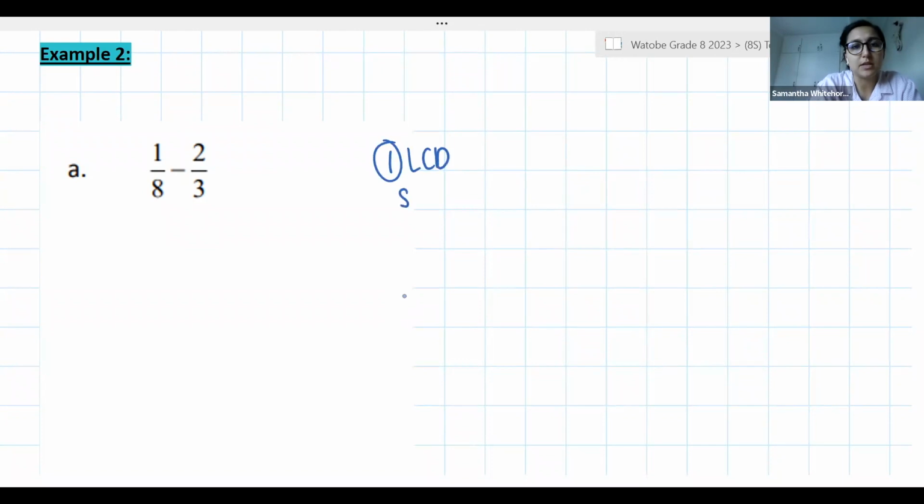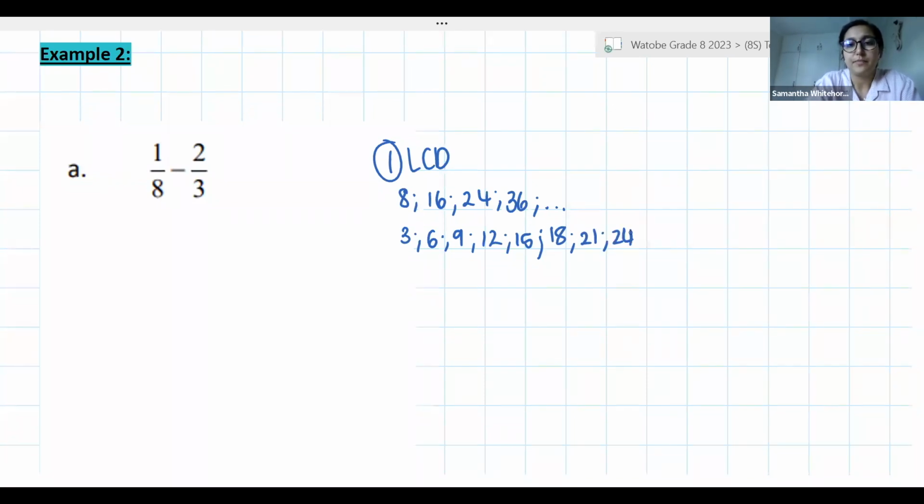So let's list our multiples. We've got 8, 16, 24, 36, and so we keep going. If we list some multiples of 3: 3, 6, 9, 12, 15, 18, 21, 24, etc. I've stopped there because I can automatically see that the smallest one common to both is 24.